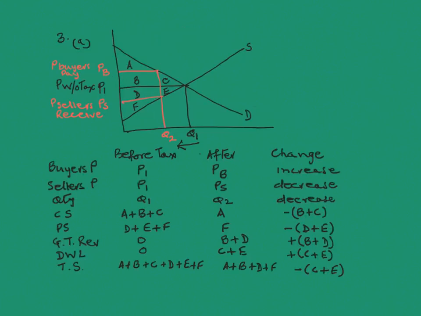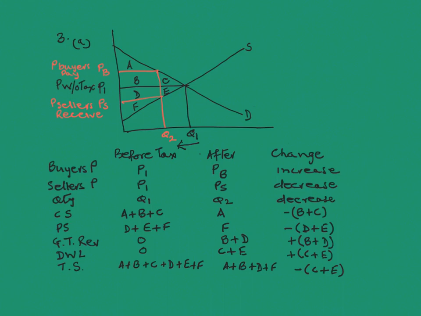When tax is imposed in the market for cars, the market for cars shrinks from Q1 to Q2. Both buyers and sellers share the burden of tax.